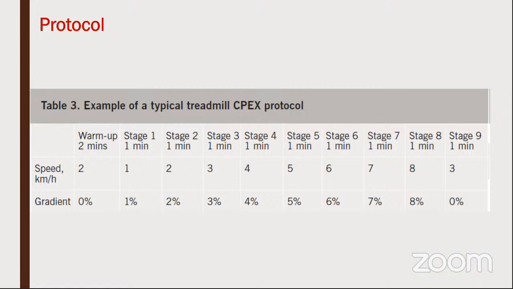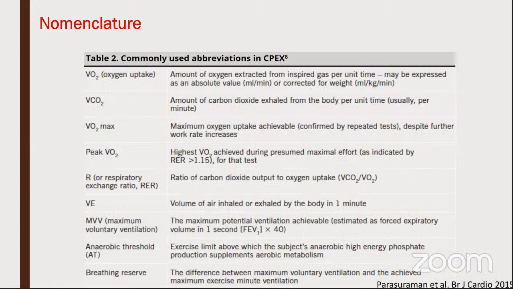Before we go into the interpretation, I have to explain a little bit about the nomenclature. There are not too many parameters which you have to understand, and I'm sure most of you know most of these. VO2 is oxygen uptake, which is basically the amount of oxygen extracted from the gas which is inhaled, measured at the tip of the mask.